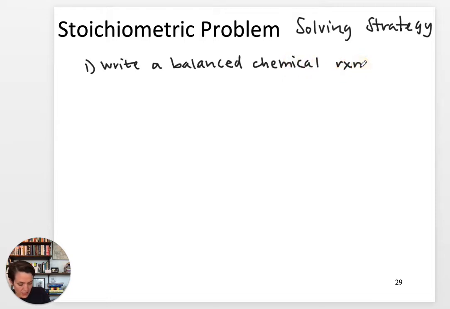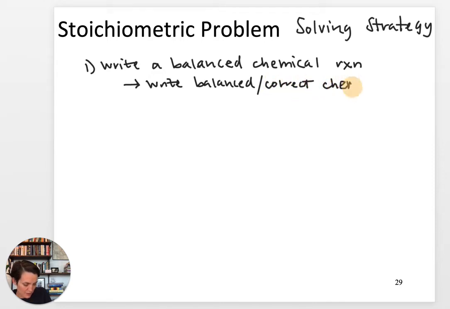In doing that, you need to remember to write correct chemical formulas for each species. Super important. Then you'll convert mass to mole, right?